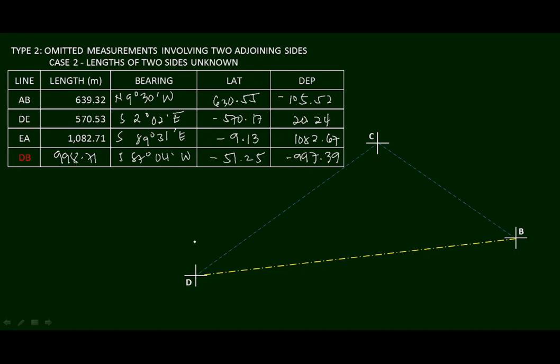So isulat lang natin dito from D to B. Ayan. This angle here is 87 degrees 4 minutes. And ano pa ba yung mga given? We have already solved the length of DB, that is 998.71 meters. Other properties given is the bearing of line BC.